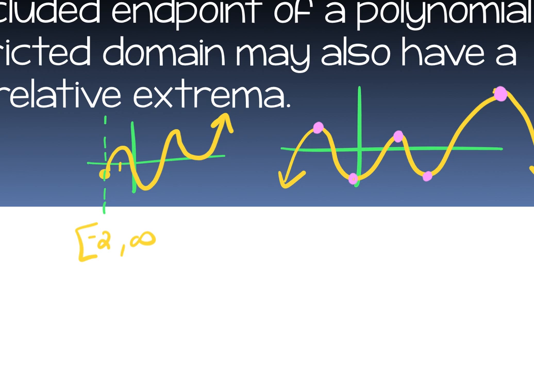Even though it's not absolute, it's not the lowest one. There's a lower point than that. If my domain restricts my graph and stops it at a point, it could count as a local min or a local max, depending on if it's high or low.